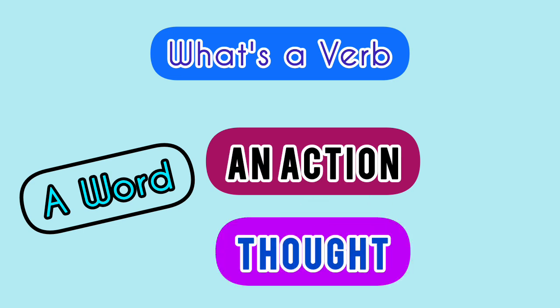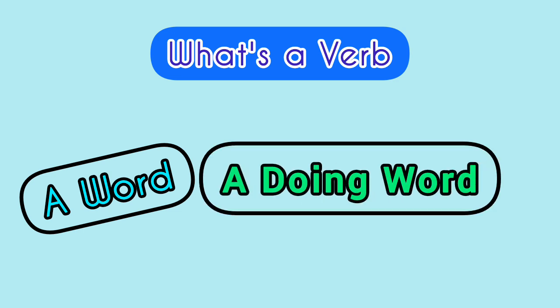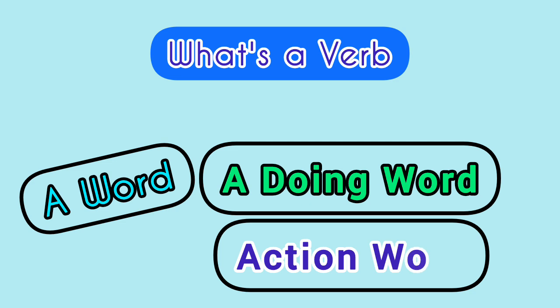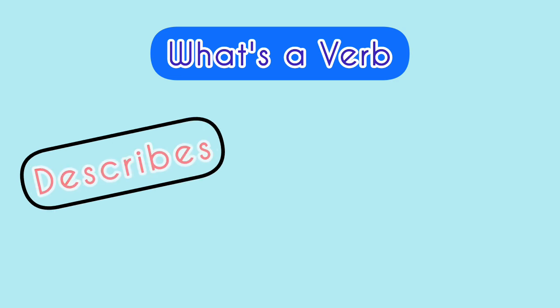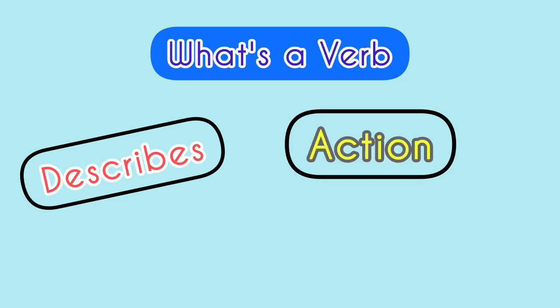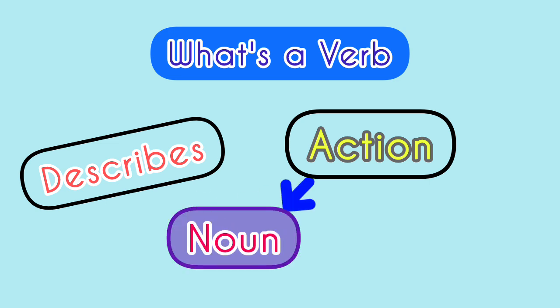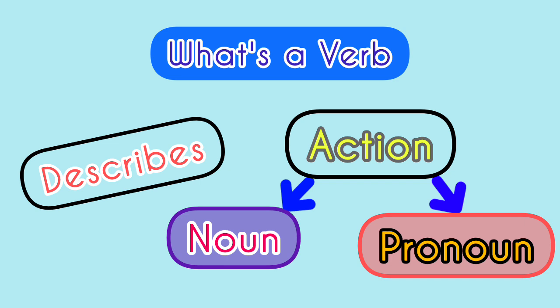Or, in other words, a verb is a doing word or an action word. Because a verb describes the action, a verb describes the actions of a noun or the actions of a pronoun.